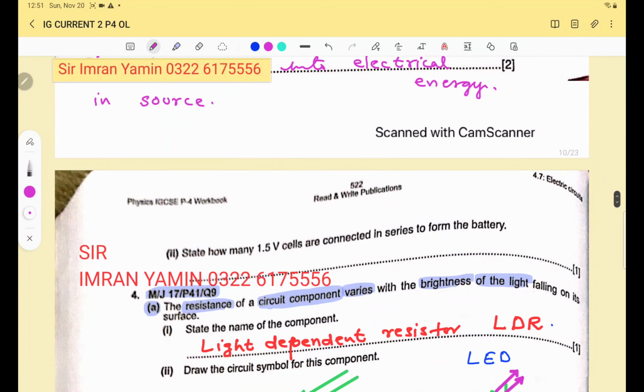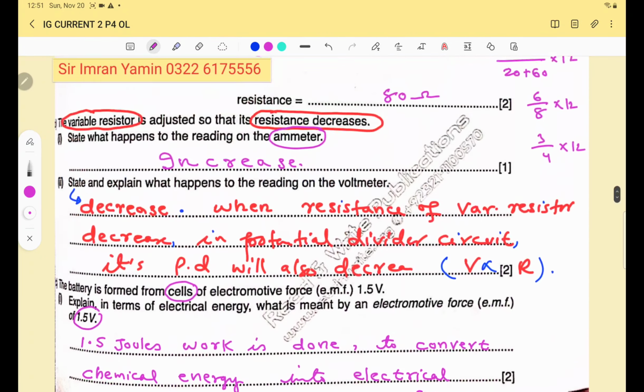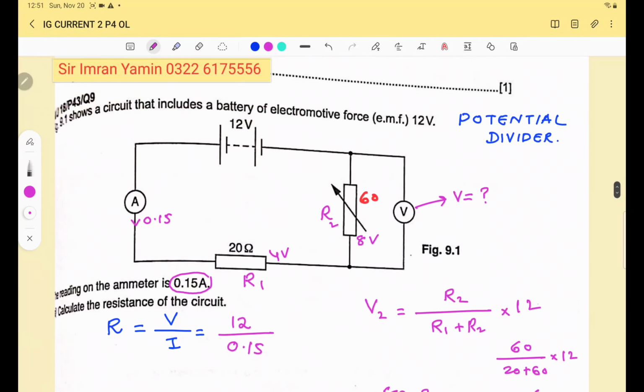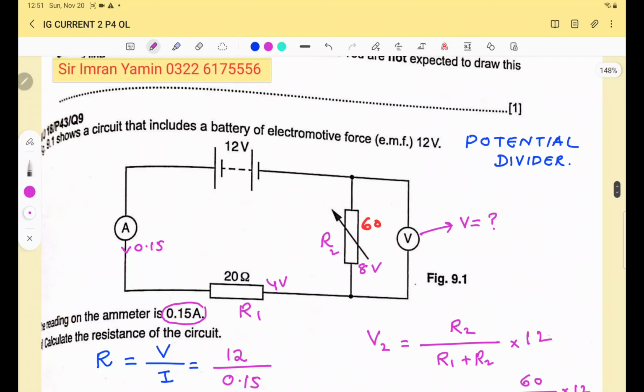And now the last part of the question: how many 1.5 volt cells are connected in series to form the battery? The total EMF of the battery is 12 volt. If one cell is 1.5 volt, the question is how many cells will make the EMF of the battery 12 volt.